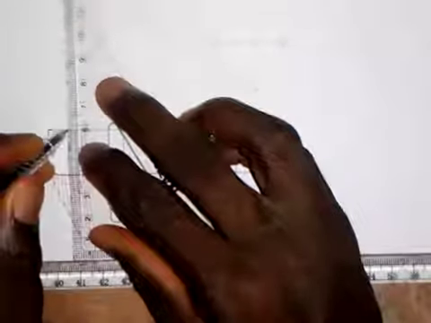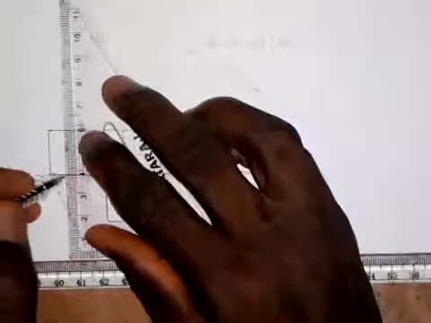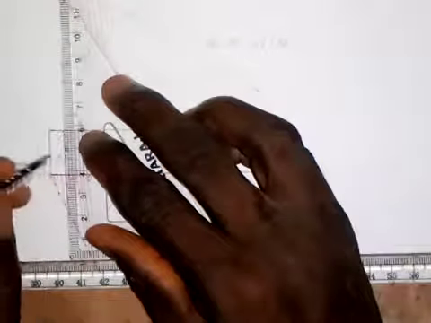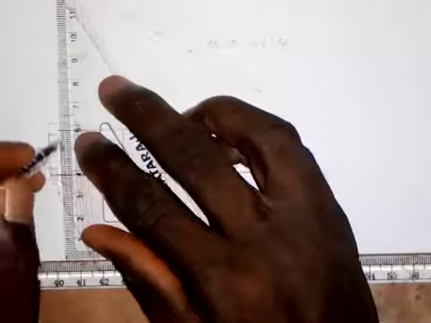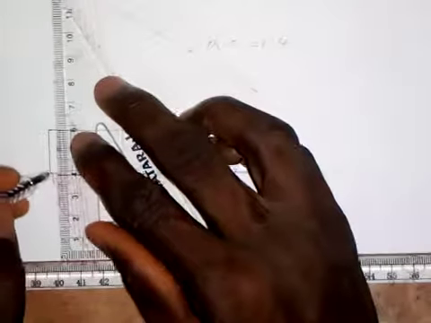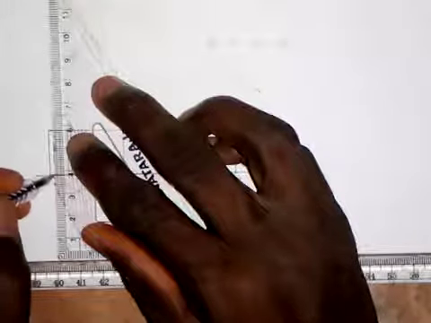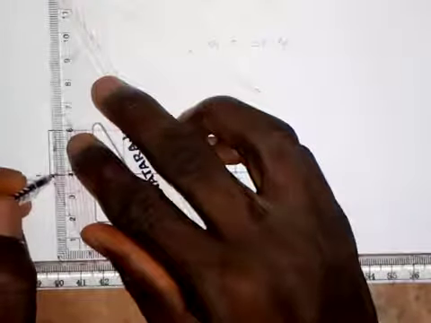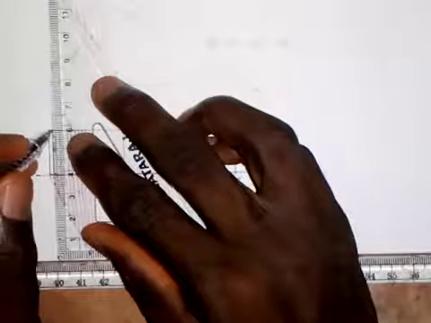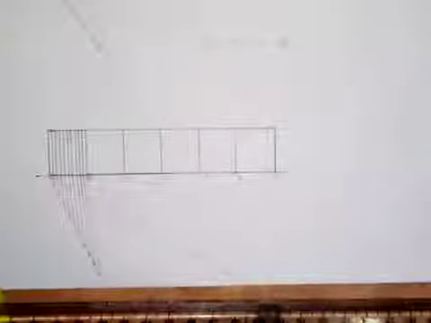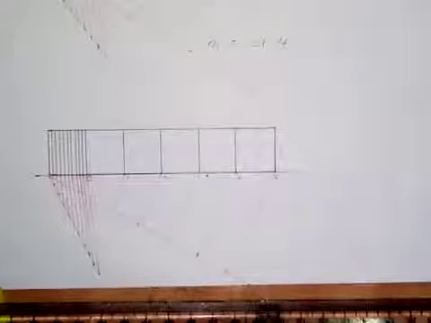Here, I will draw a vertical line. Then, a vertical line here. Now we have divided this into 10 equal parts.